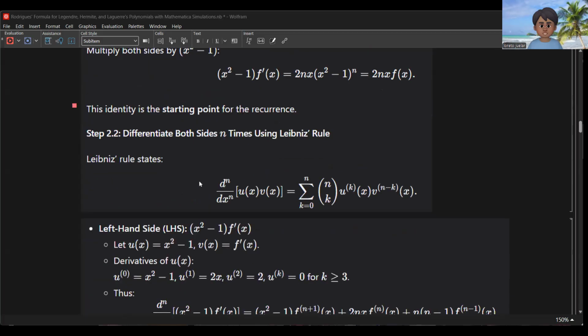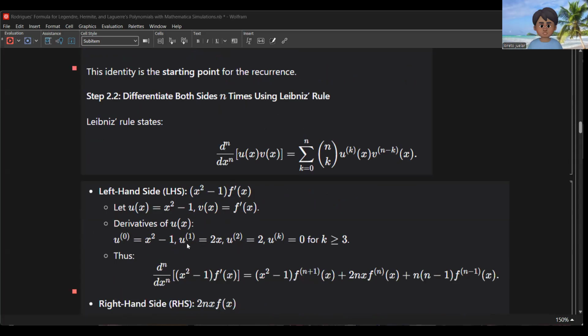So we differentiate both sides n times using the Leibniz rule. The Leibniz rule states, so this is the equation for the Leibniz rule. For the left-hand side, u of x is equal to x squared minus 1, and v of x is equal to f prime of x.